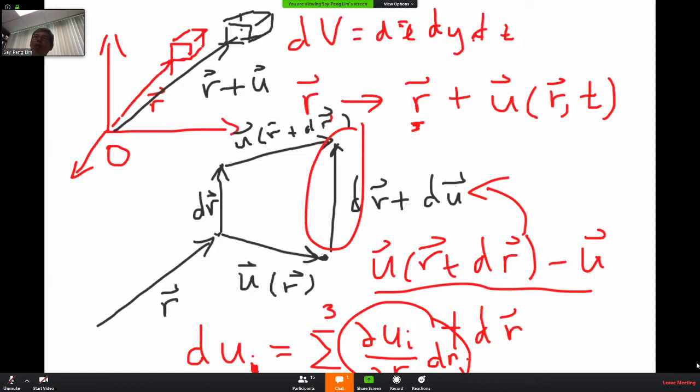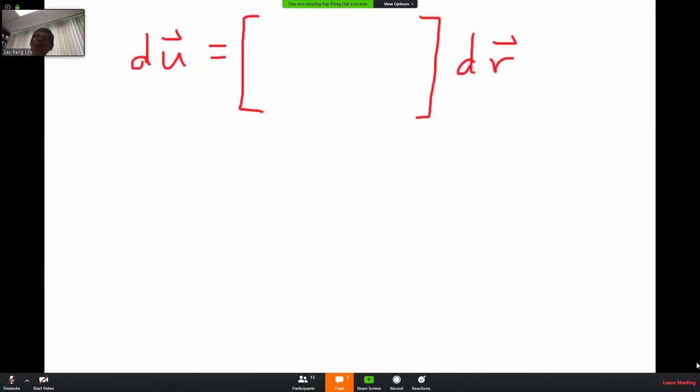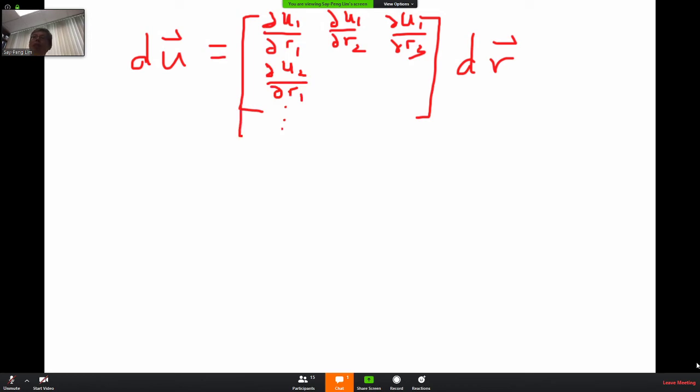If you look at that expression, then you can see that this is a matrix of partial derivatives, which is partial U1 by partial R1, partial U1 by partial R2, and so on and so forth. This is partial U2 by partial R1. And you have a third line, a third level here.